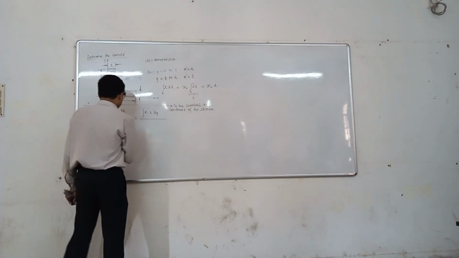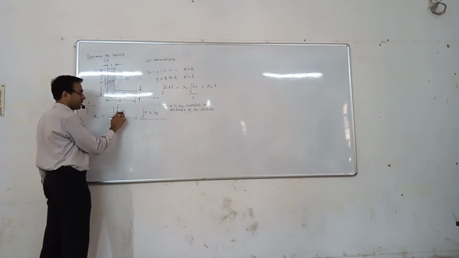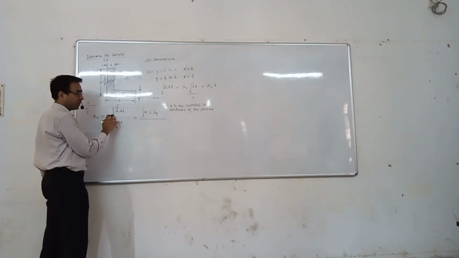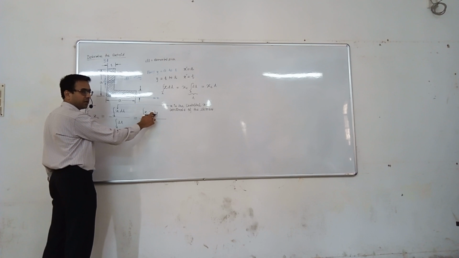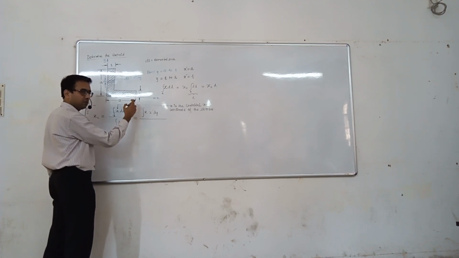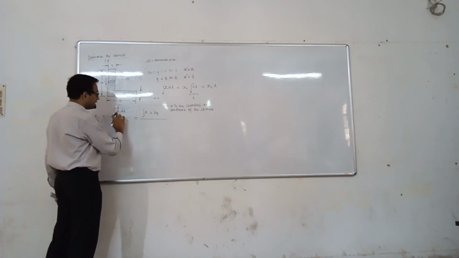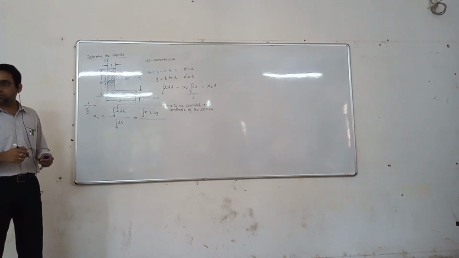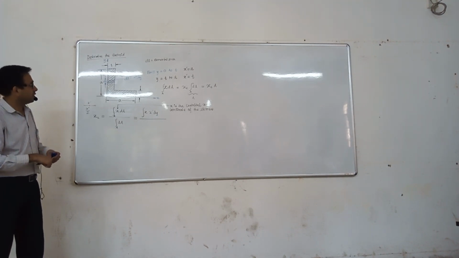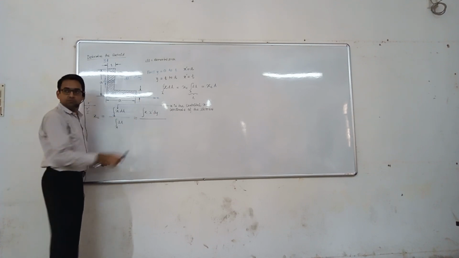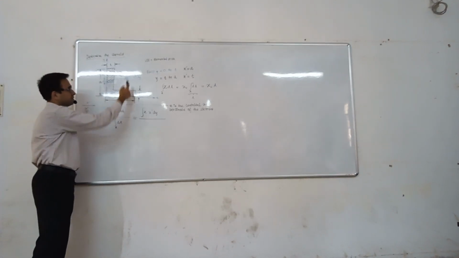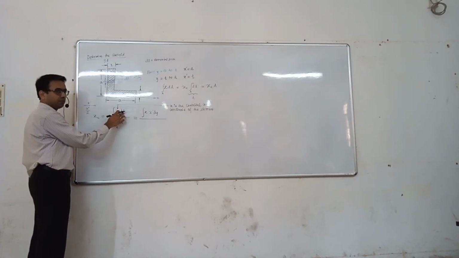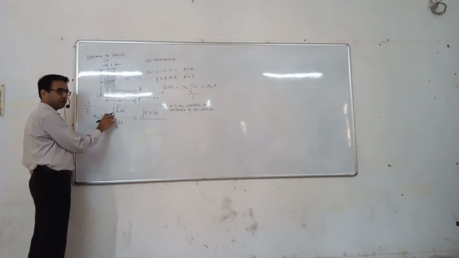Now you see that initially the variable of integration was a, so I had a limit on a. Now the variable of integration is y, so I will have a limit on y. Area was the integration variable, so the limit was on a.